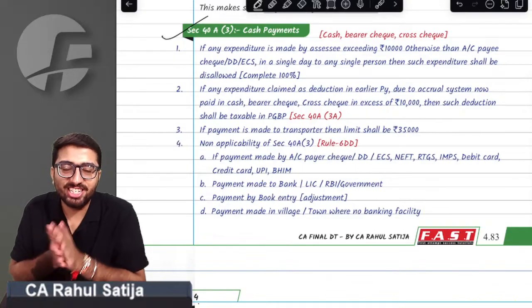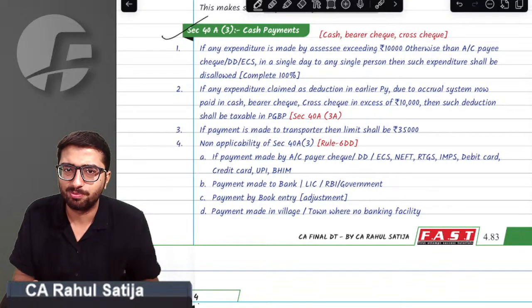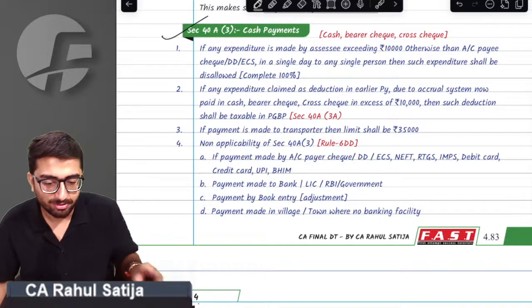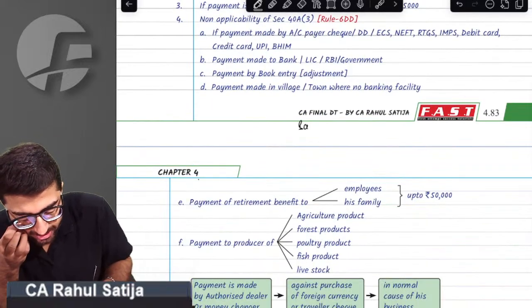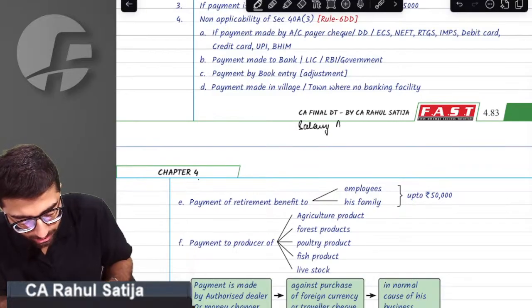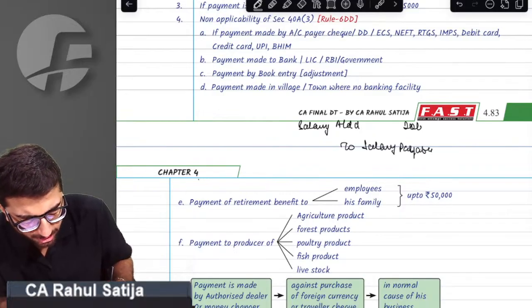So, for example, we have Monisha with us. She did something very logical. She had incurred expenditure in the last year. For example, she had incurred expenditure like salary, salary account debit, to salary payable. This was the entry she made, 20 lakh.